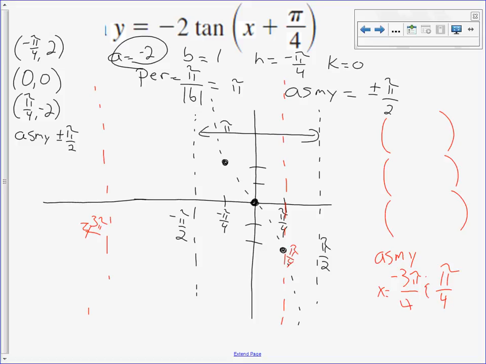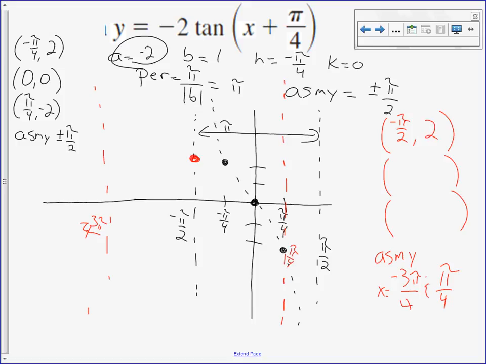Now, each one of these points needs to move to the left pi over 4. So, negative pi over 4, and I subtract pi over 4. What's negative 1/4 minus a fourth? Negative half. So this one goes here. I know that one will be at negative pi over 2. The y value did not change because there's no k value, so it's at 2.